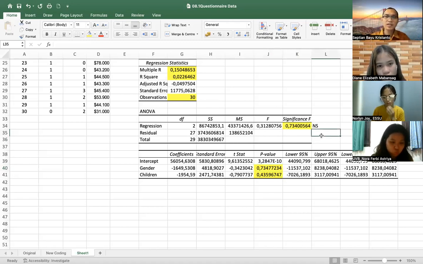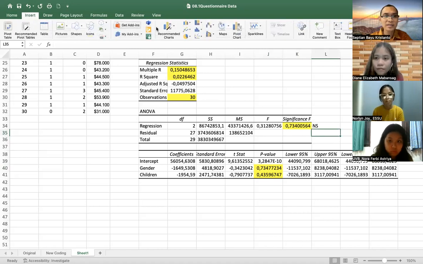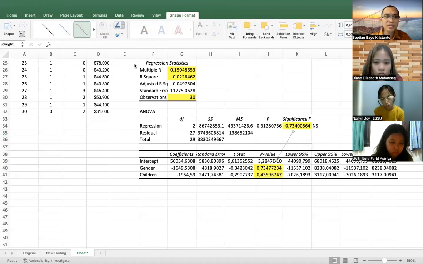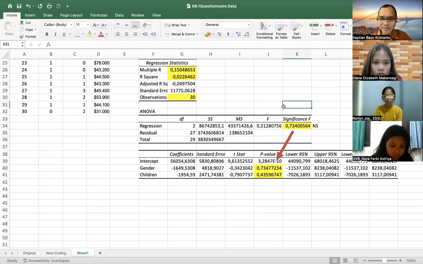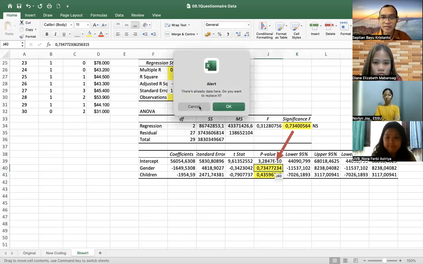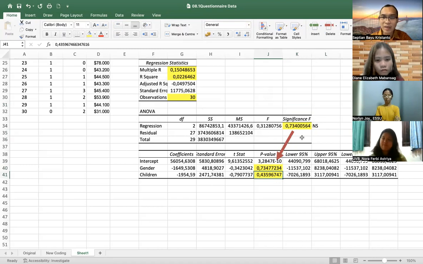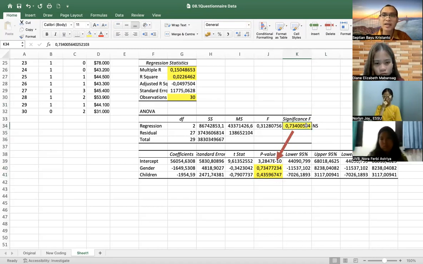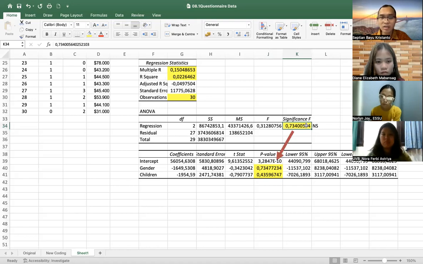Okay. That's the conclusion for our analysis. And if you compare the score of F and T in here, it could be different between single regression and multiple regression. In multiple regression, they are not identical. They have differences. But sometimes, if the F analysis has a significant score, there must be at least one variable that has a good effect for our analysis.